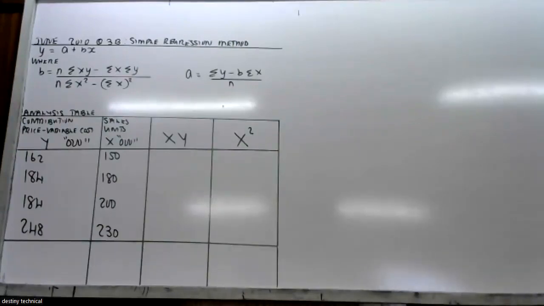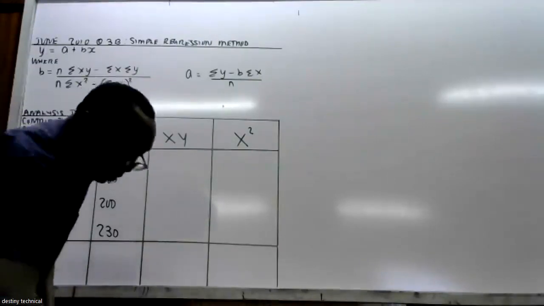Are you through? Yes. Good. This one, the total of y. Oh, I did the x, y, and x squared. I didn't do the total.